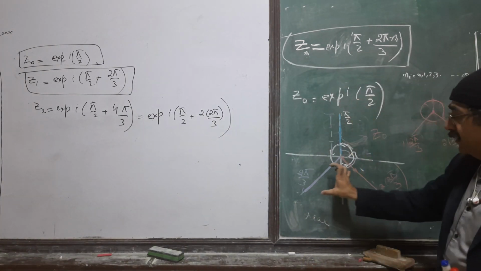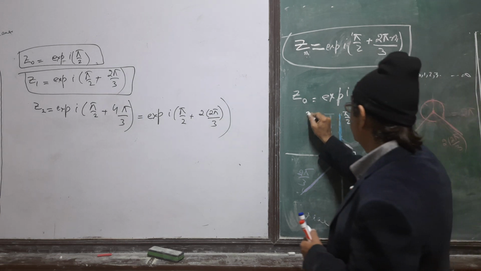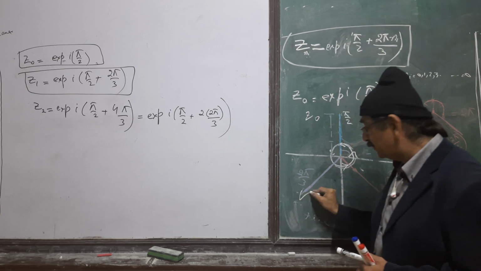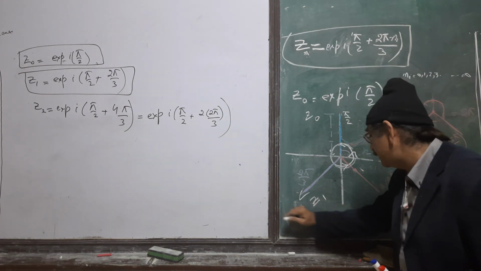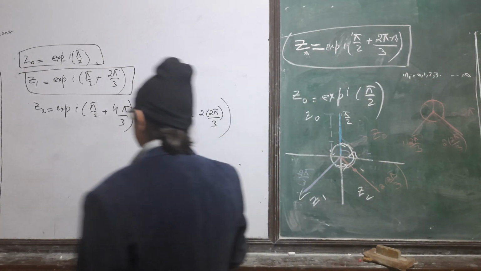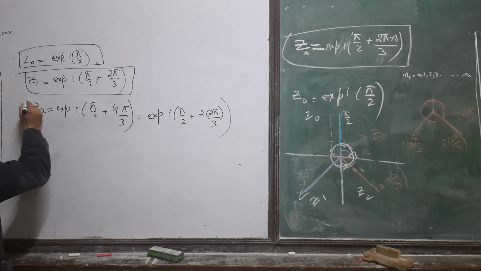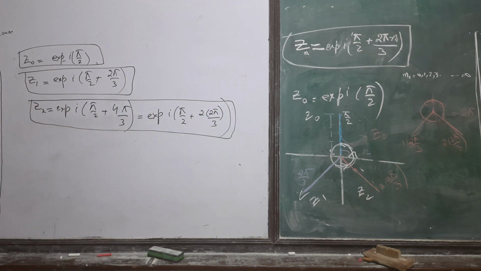So this will be z naught. This is z naught. What is this? This is z1 and this will be z2. Okay, so these will be your roots.